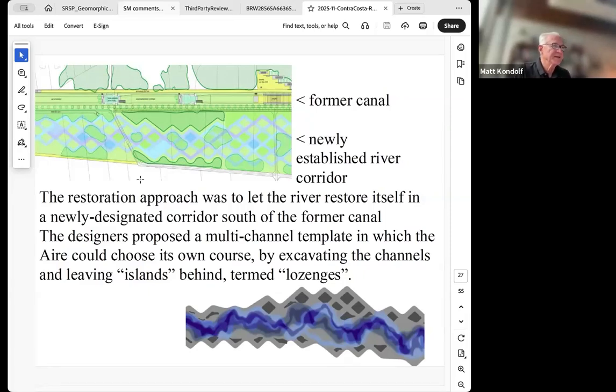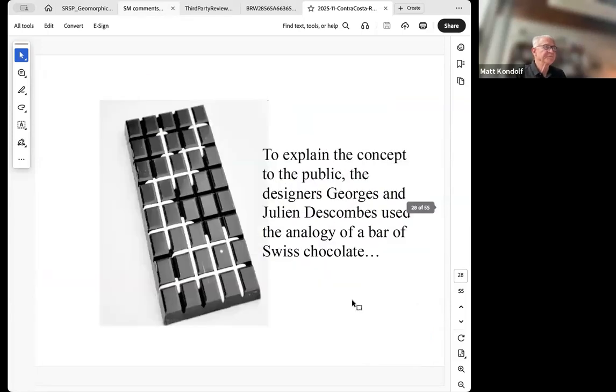This was the key idea. They didn't want to impose a channel. They wanted to let the river do that itself. So they proposed this multi-channel template in which the Air could choose its own course by excavating channels and leaving islands behind, which we called lozenges.